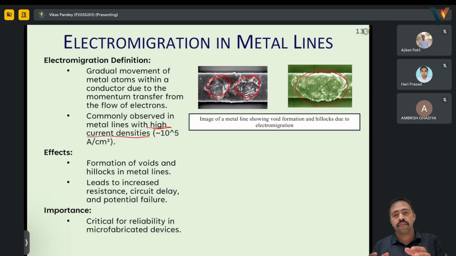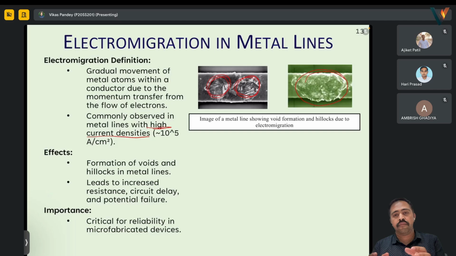This is very critical for reliability of the microfabricated devices because the device might be working fine, but the metal line is damaged. That's why we might not be getting our desired output. So, what is the mechanism of this electromigration? How does it happen? There are two kinds of mechanisms.